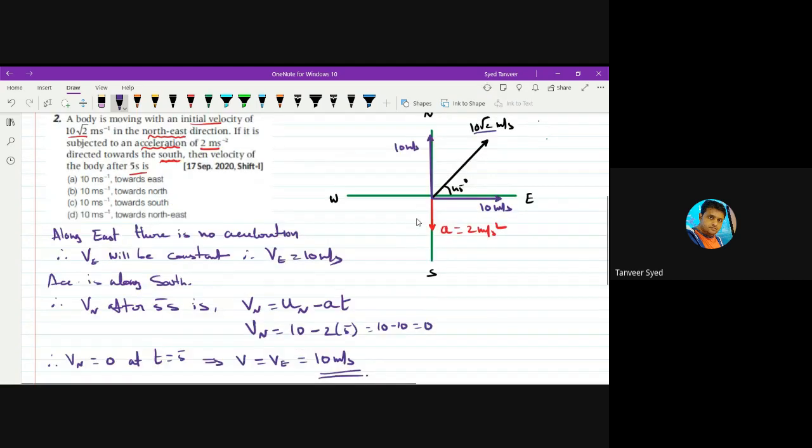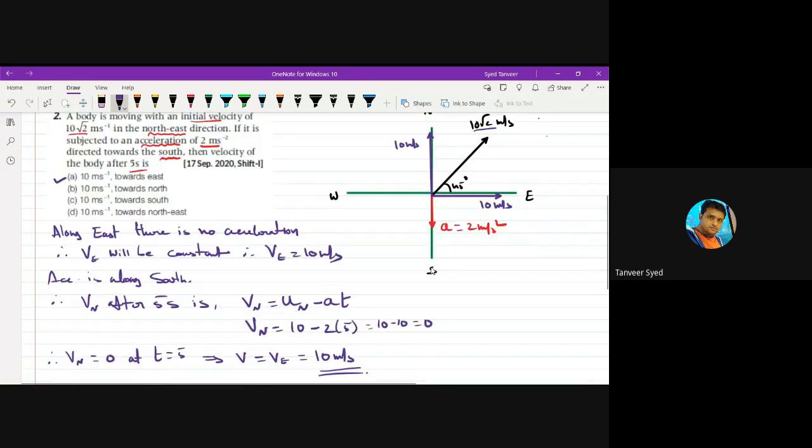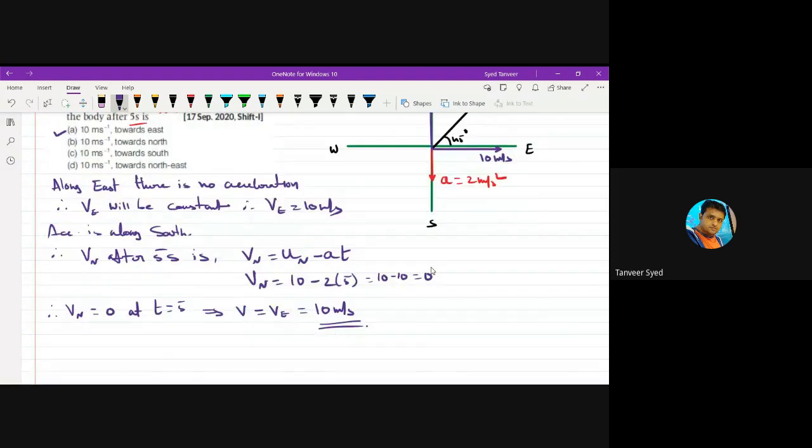So correct answer is 10 meter per second towards east. Okay. Any questions? Next one.